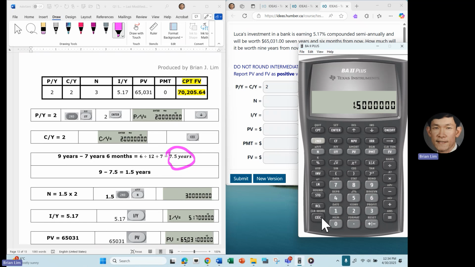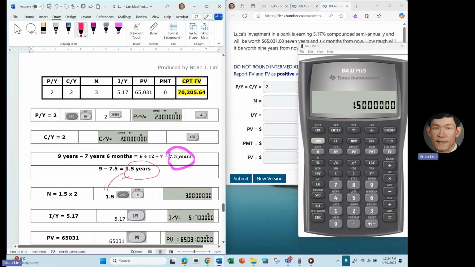On the contrary, if you prefer to enter these numbers sequentially as 9 minus 7.5, you get the same value of 1.5. So now we have this 1.5 right here. That is the number we use to get the value for n, because it's the number of years and it has to be multiplied by this value for PY.